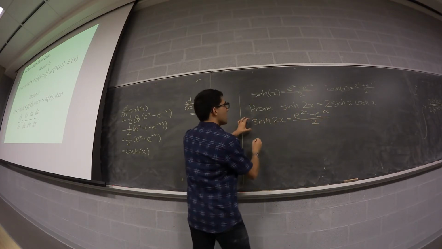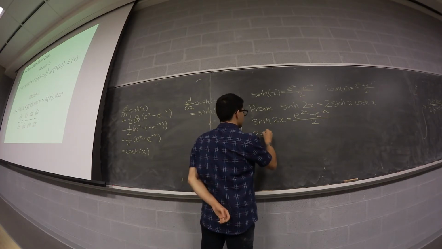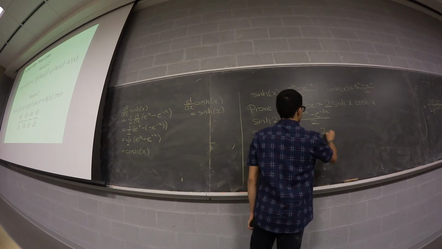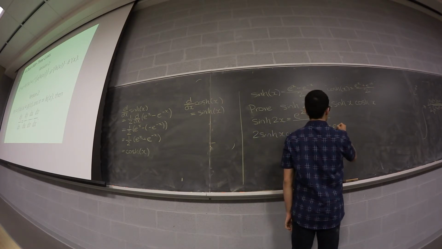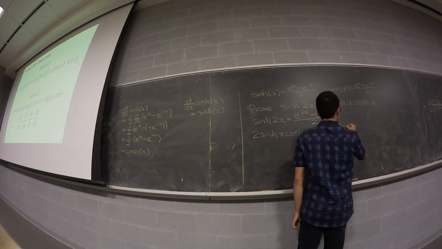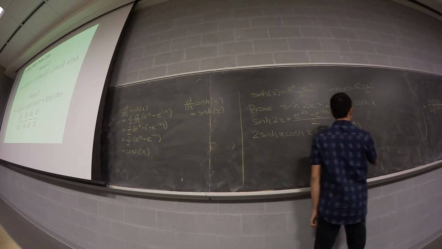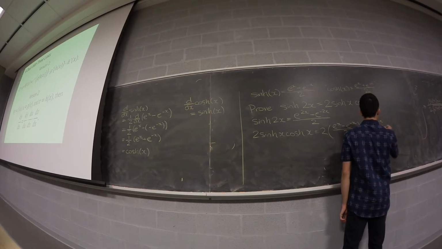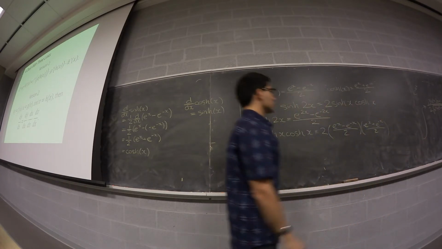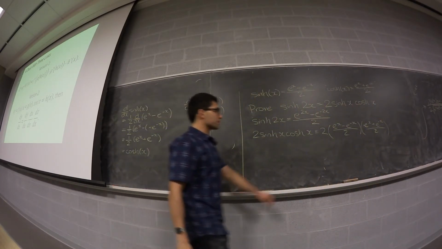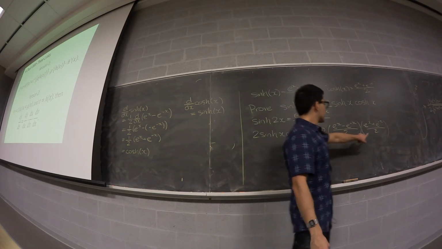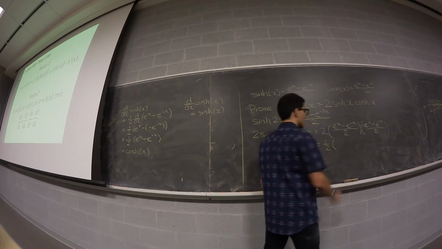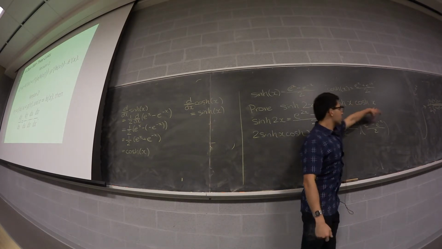Yeah? And the right-hand side, all right, what happens? 2 divided by 2 divided by 2 is 1/2. Okay, what's left is going to be a difference of squares, right?